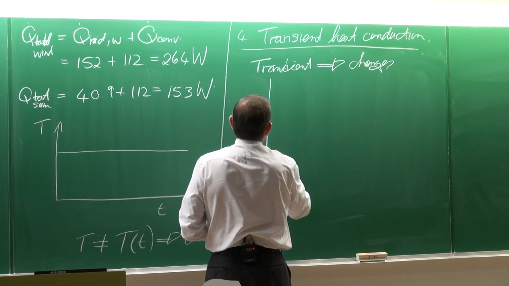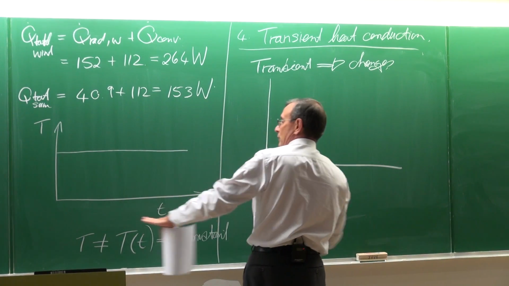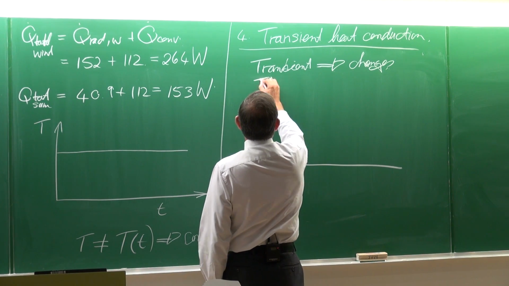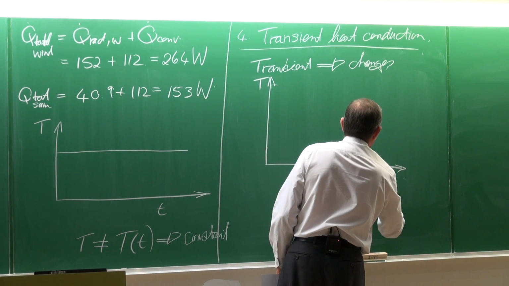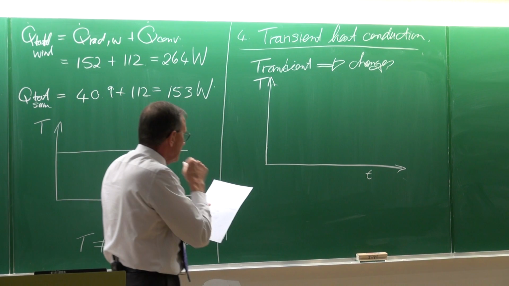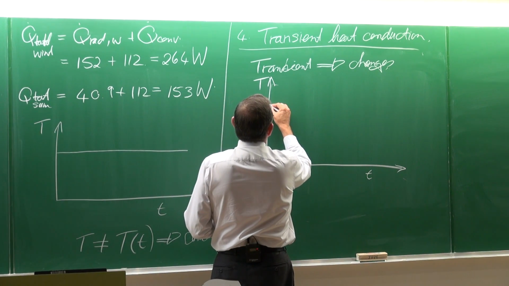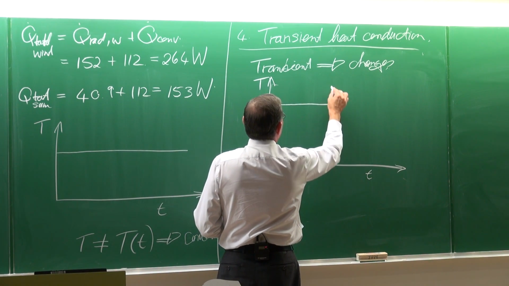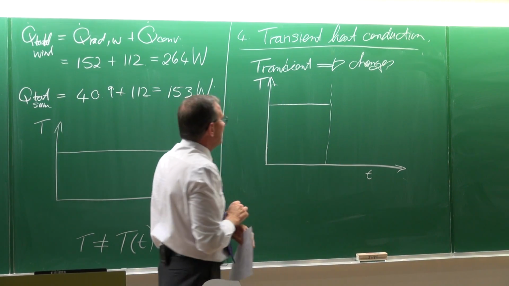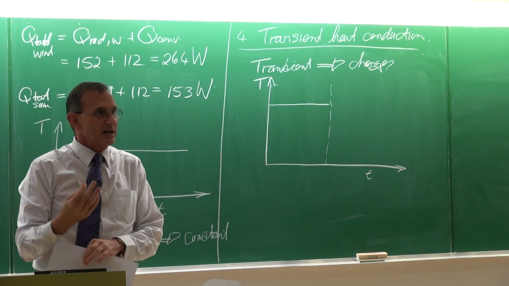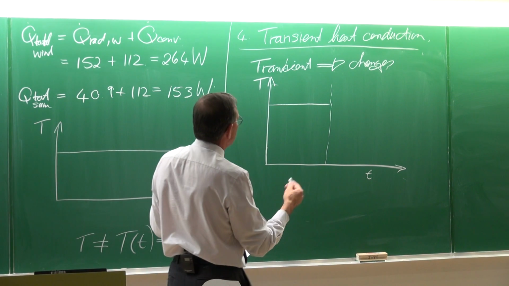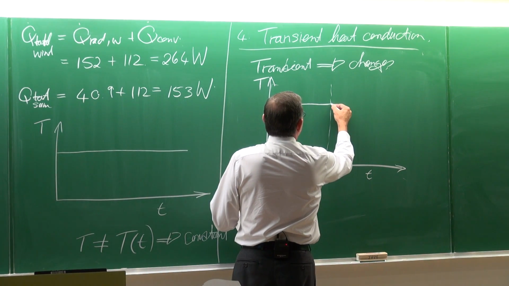So transient. So again, if we now look at this graph of temperature as a function of time, then where previously we had the temperature which remained constant at a certain t equals 0 or whatever, t equals 10 seconds, things are going to change.